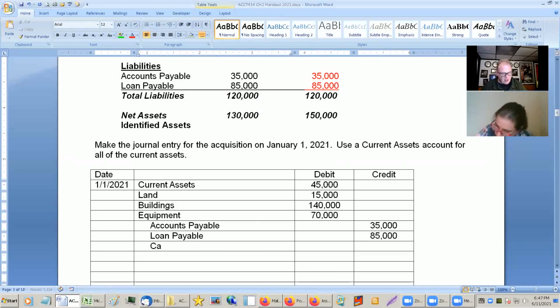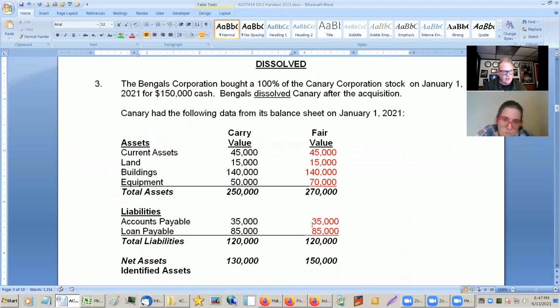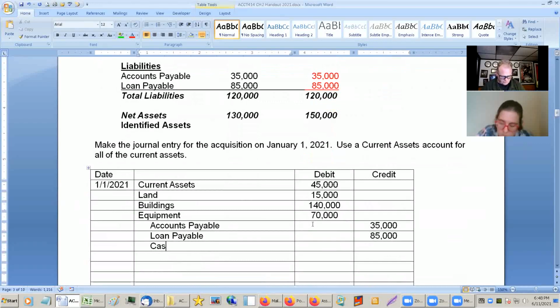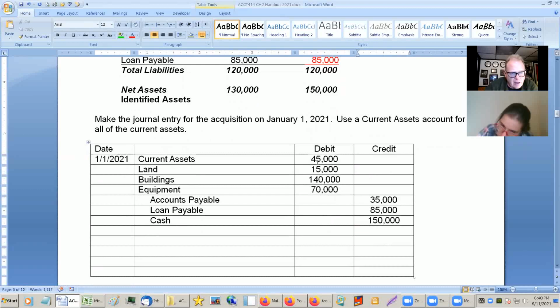And we gave them cash, 150,000. I think that's it. Not a bad idea to add these up and make sure debits equal credits.